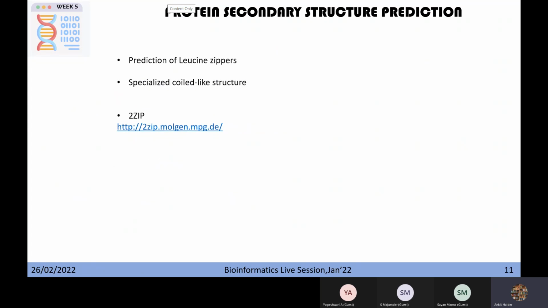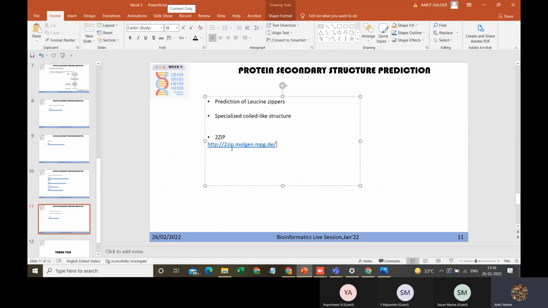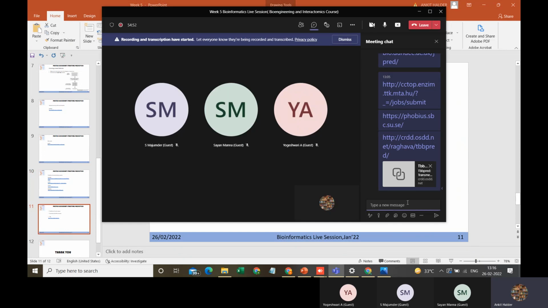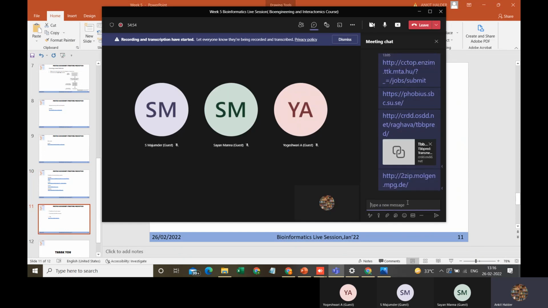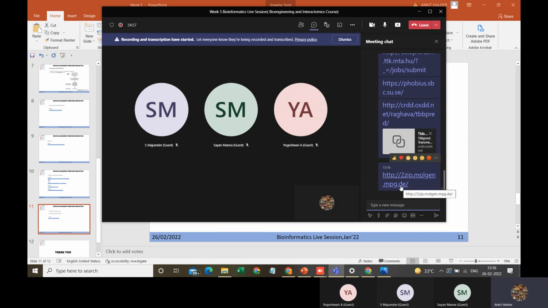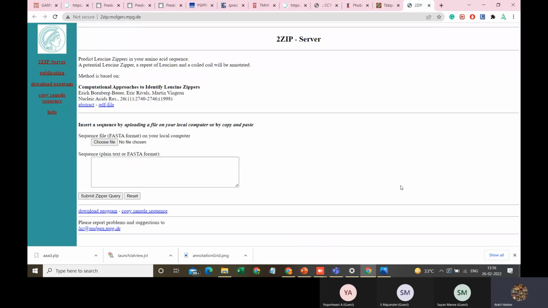Now another kind of protein which is of particular research interest is the leucine zippers. These leucine zippers have some specialized coil-like structure. For that also we need another algorithm and another tool. This tool helps us understand whether zippers are there or not. So let us find out some.